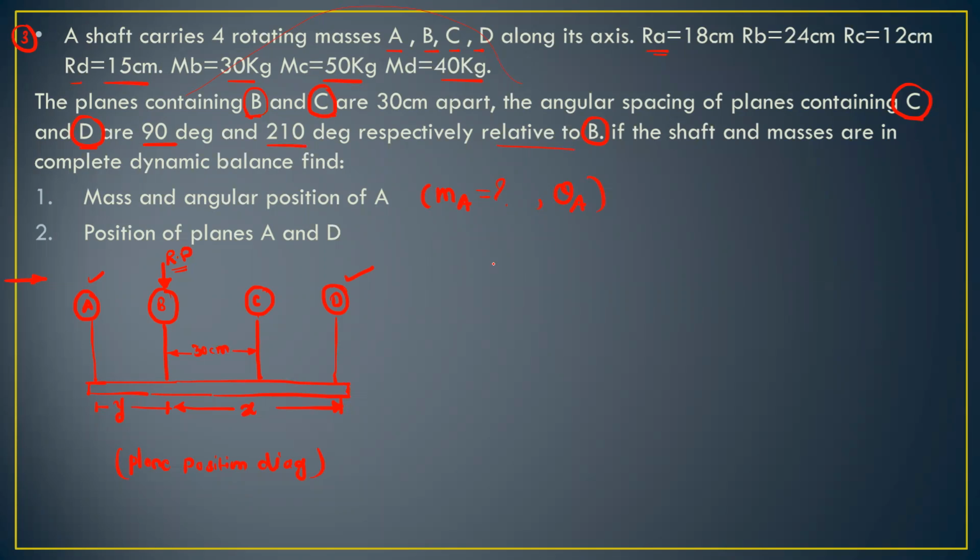Now second diagram, it is the angular position diagram. So the angular spacing, it is given for mass C and mass D with respect to mass B. Okay, so we will take B as a reference, that is at 0 degree.